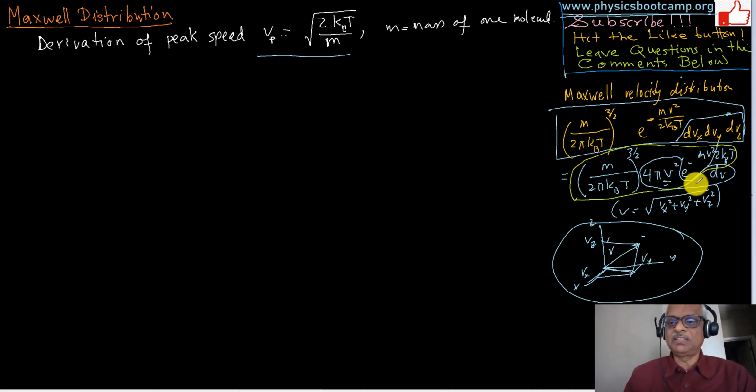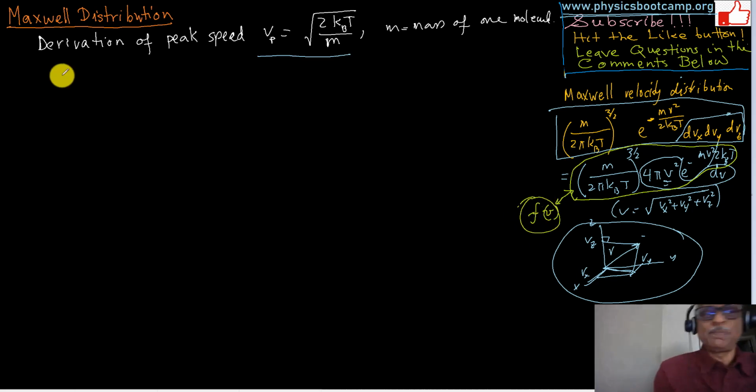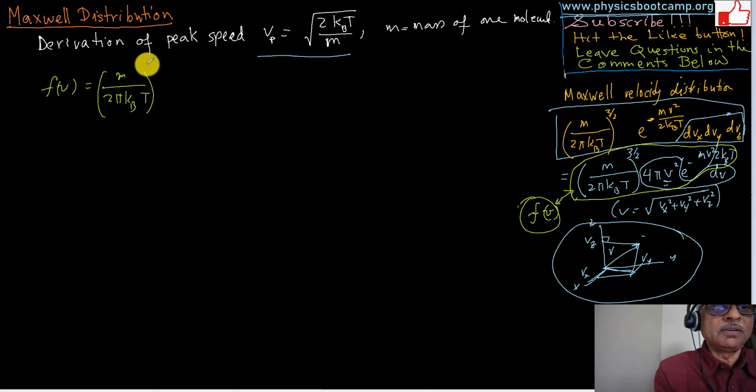If you call it fv, what fv represents is: fv is m over 2 pi kB T to the 3/2, times 4 pi times v squared, times e to the minus m v squared over 2 kB T.